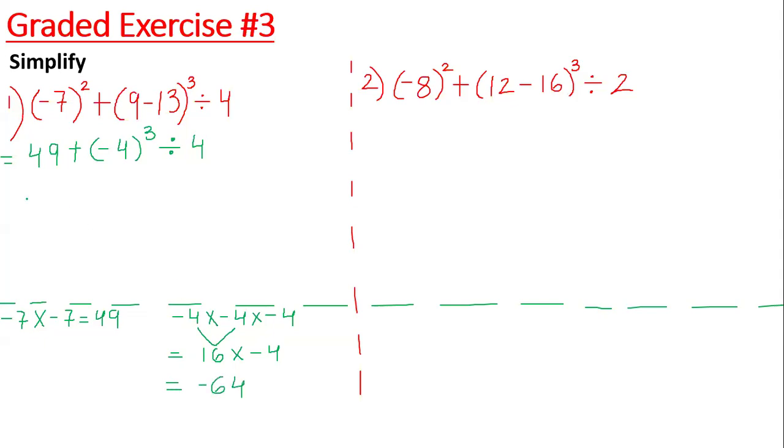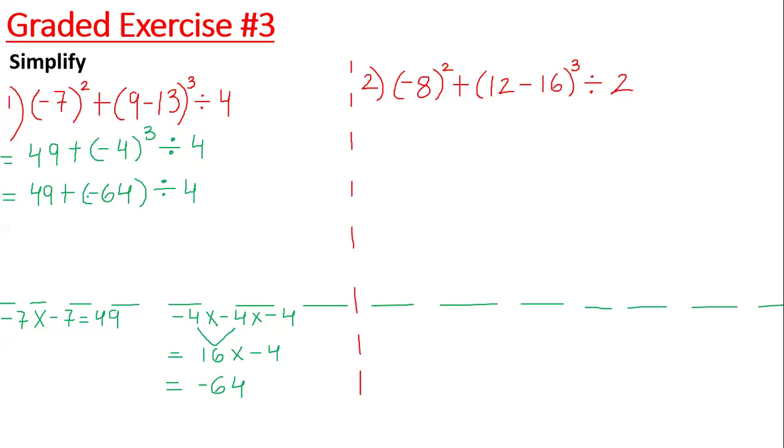And so we have 49 plus what? Well, a negative times a negative is a positive. Let's not do that yet. Let's just do negative 4 cubed, which is negative 64, divided by 4.